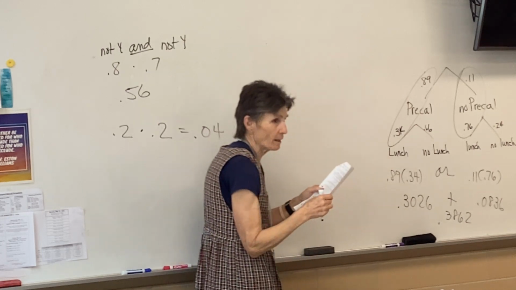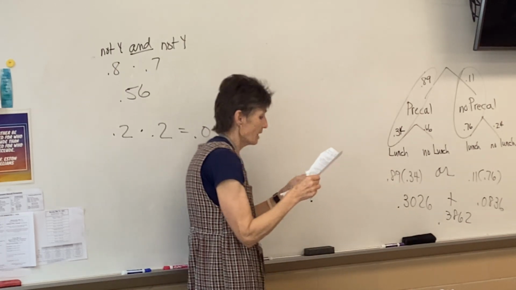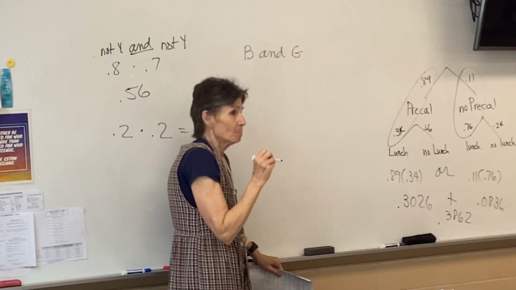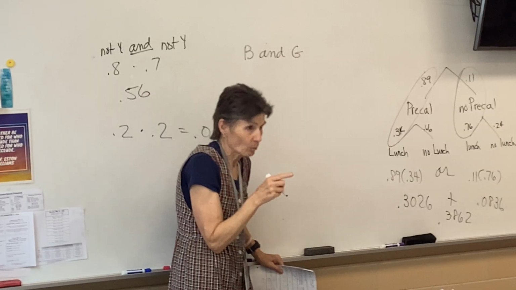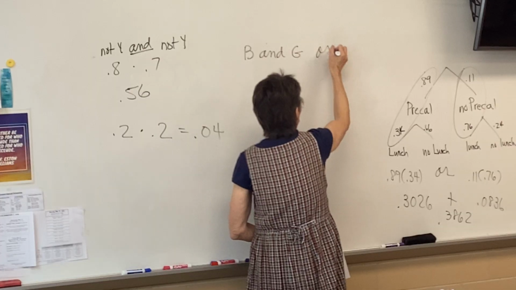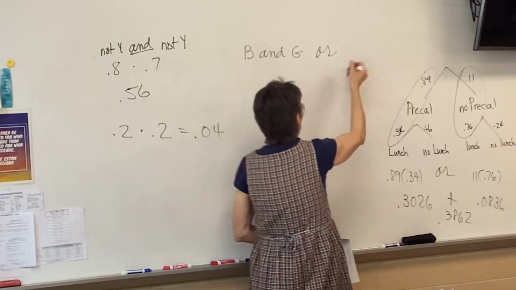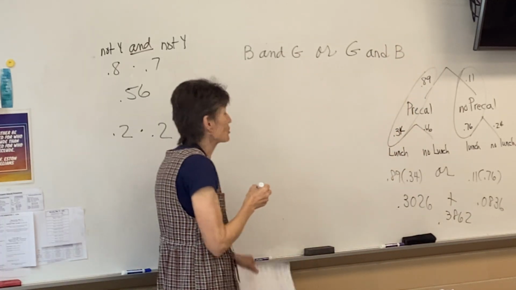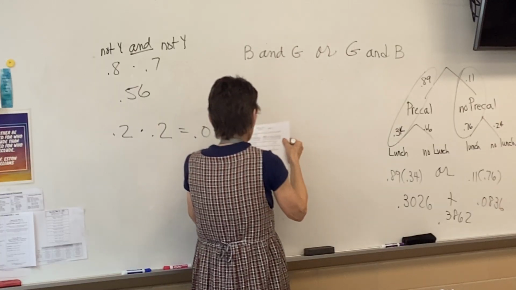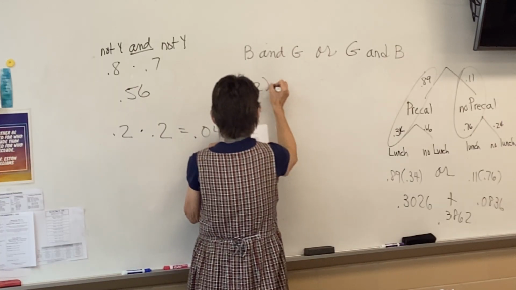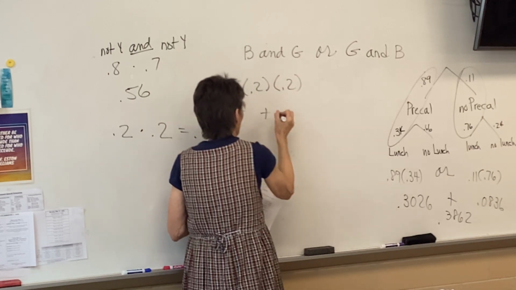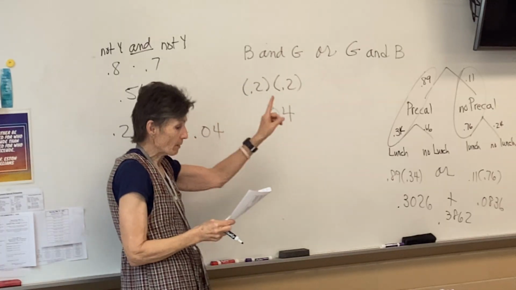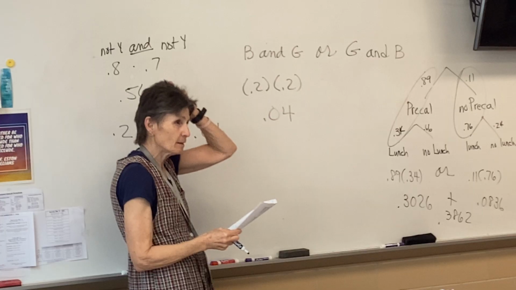And the next one is the tricky one. Notice that it says I need to get brown and green. But it doesn't tell me what order I have to get them. So I could get brown and green, or I could get green and brown. Does that make sense to everybody? So brown and green would be 0.2 times 0.2, so 0.04 for brown out of Trey and green out of Jada.